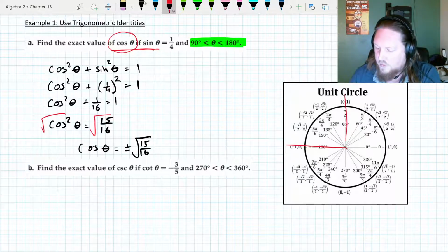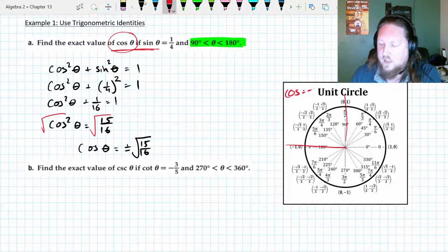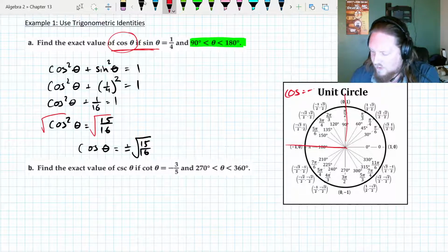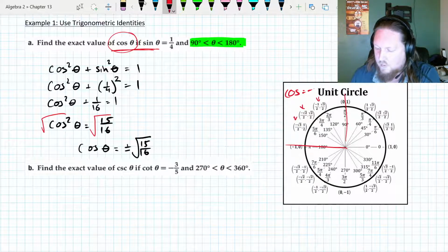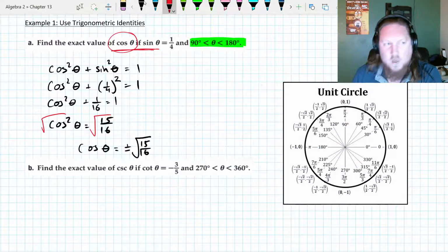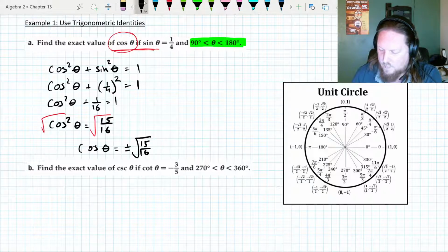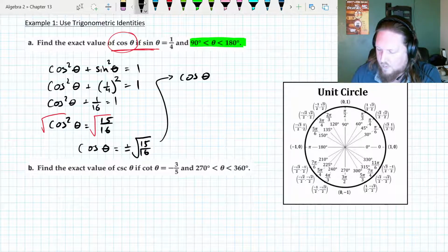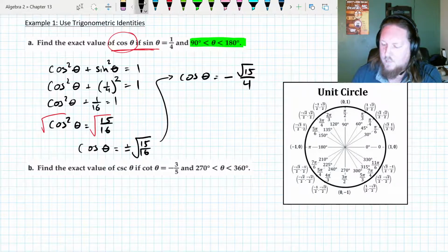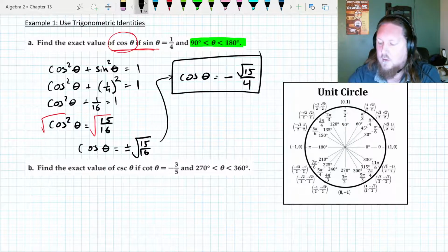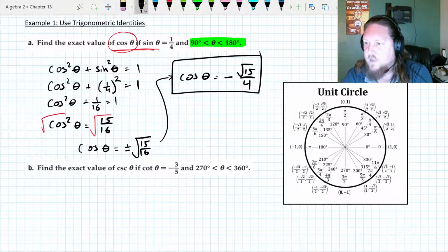In the second quadrant, cosine is negative. All those x coordinates are negative in the unit circle. So I don't care about the positive root, I want the negative root. So I bring this on up. Cosine of theta is the negative square root of 15 over the square root of 16, and the square root of 16 is 4. And there is your value for the cosine of theta.